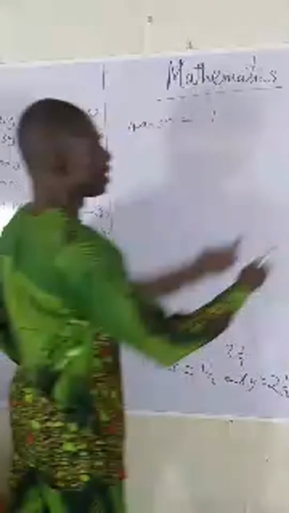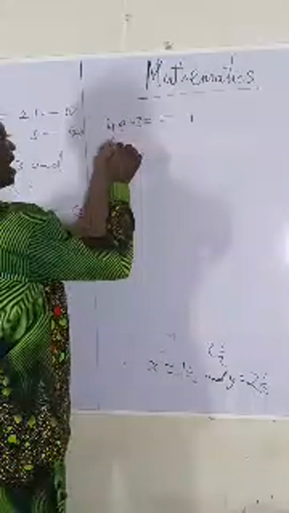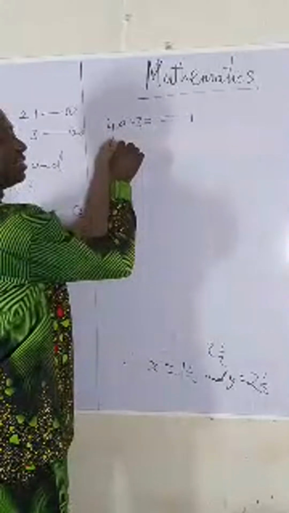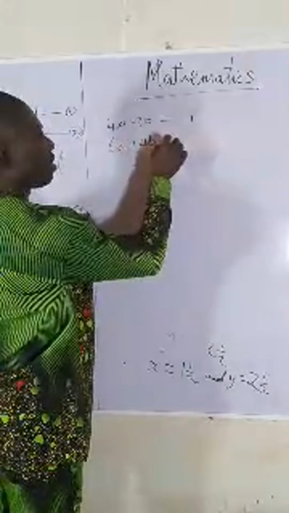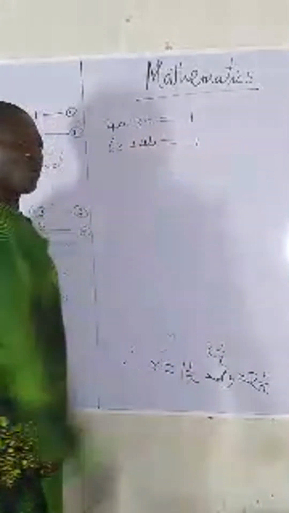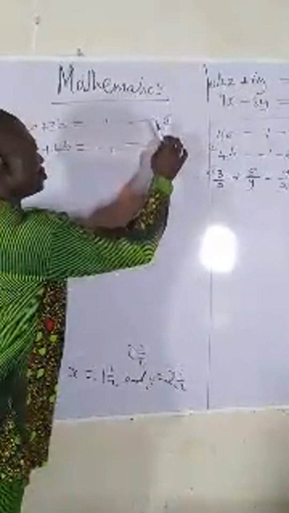Good. And now question number 2 is going to be, bring 6A here, 6A plus 4B, that is equal to -1. We call the first one equation 1, we call the second one equation 2.